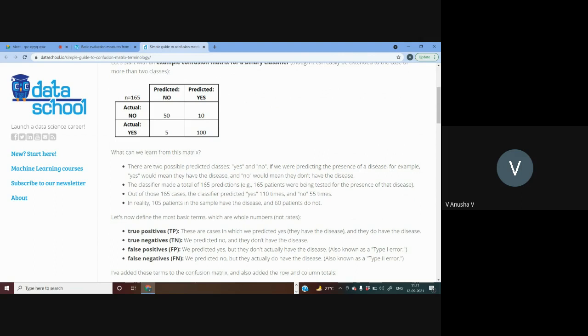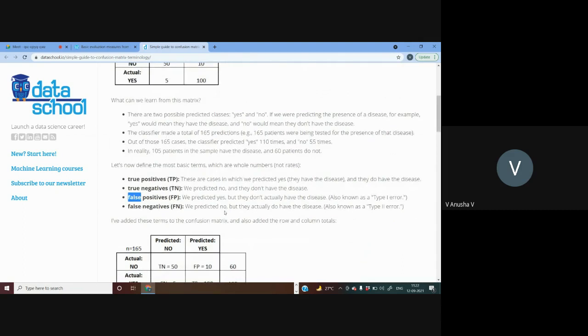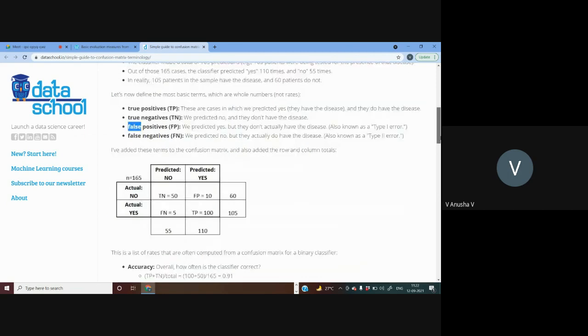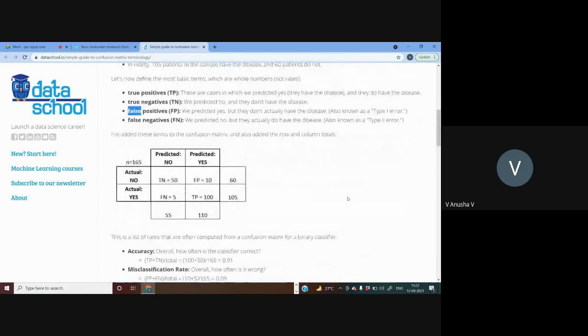Okay. False positive is nothing but we predicted that they do have the disease, but in actual they don't have the disease. That is called false positive. That is type 1 error. And false negative is we predicted no and they actually do have the disease. That is called type 2 error. So from here we can say that whenever the prediction is yes and the actual result is yes, this is considered as true positive, right?